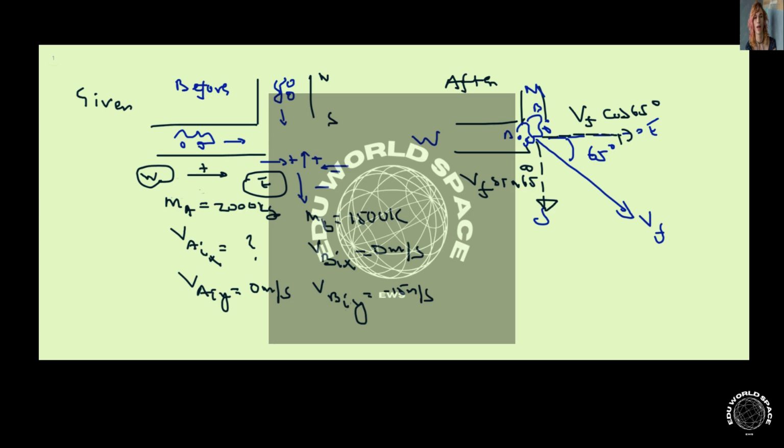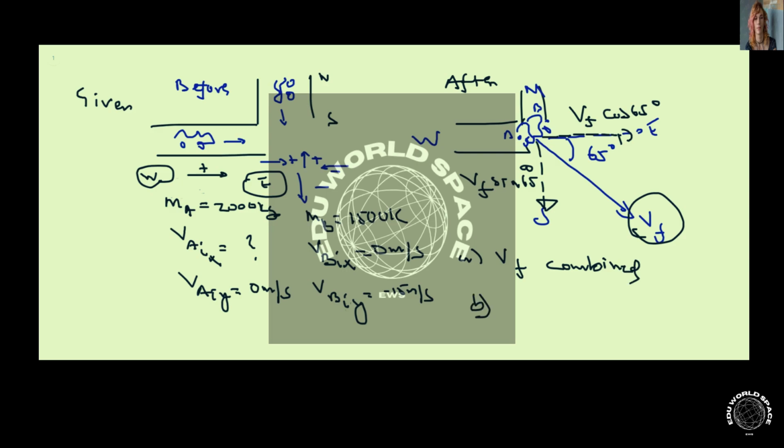Those are some of the things we're given, and in part A we want to find what V final is, the final combined velocity after they collide.